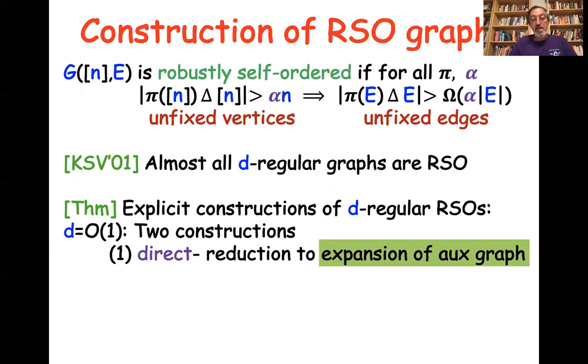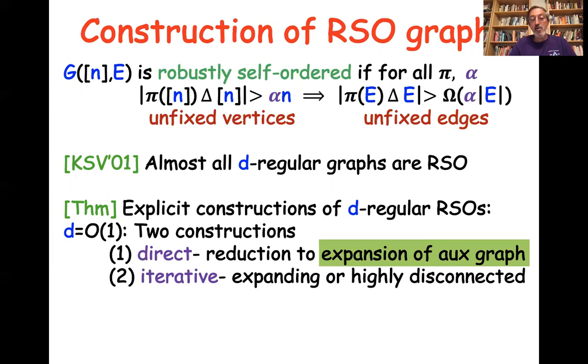It seems natural to expect that RSO graphs are somehow related to expansion, but they are not in a direct way. We have a different construction, which is iterative. So the nature of it is different, but also the result is different. In this iterative construction, we can generate RSO graphs that are extremely disconnected, very far from expanding.